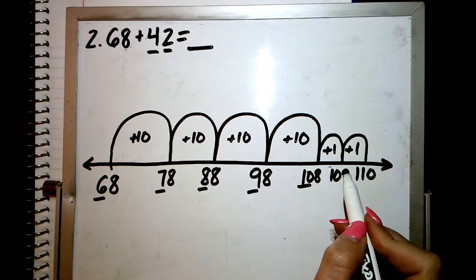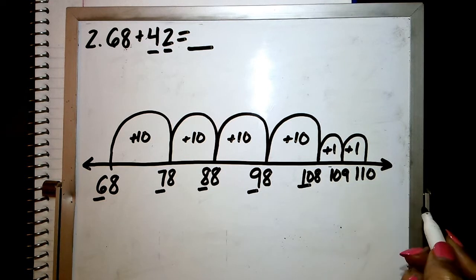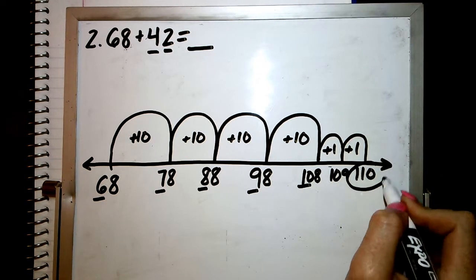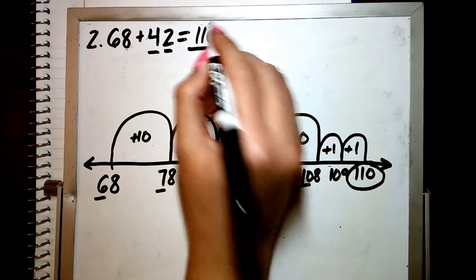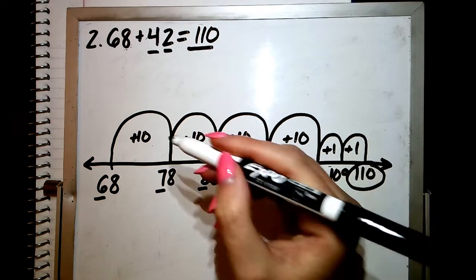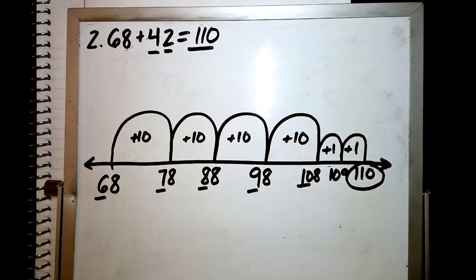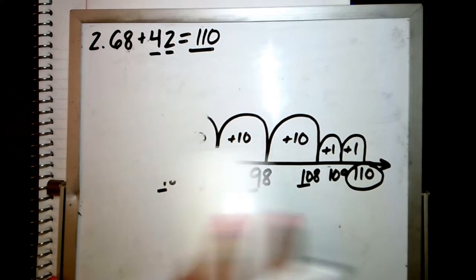We traded in our 10 ones here for 110. So that's why our number changed to this. So we land on 110. So 68 plus 42 is 110. And that's the first way that we can solve this, with skip jumps with 10, and then 2 ones here at the end.